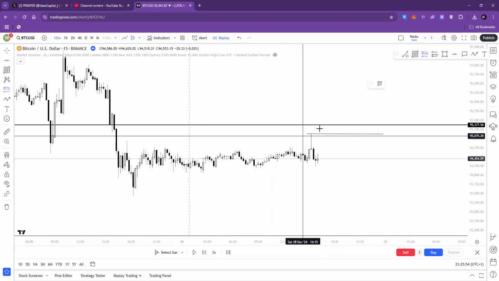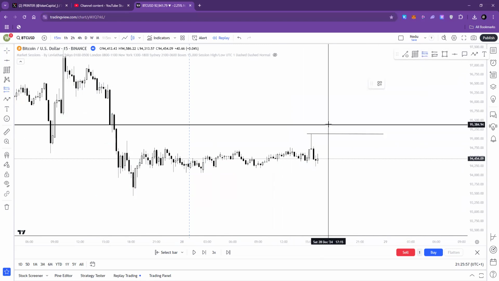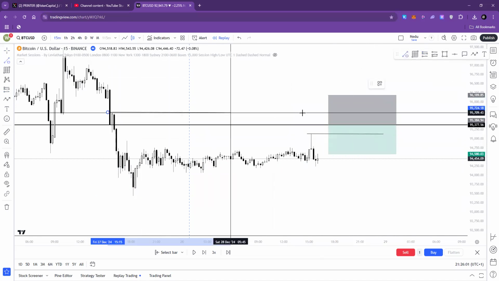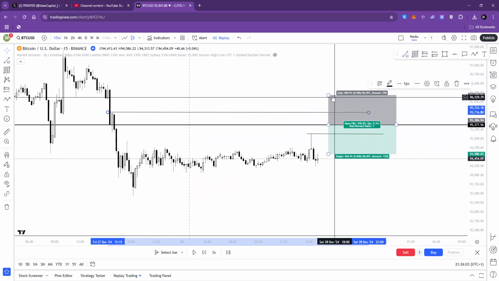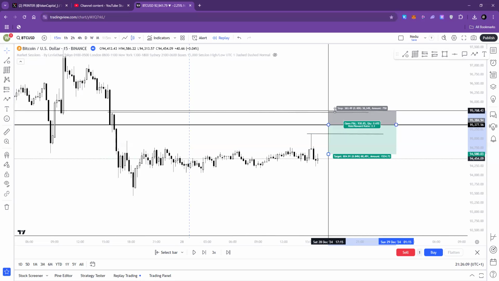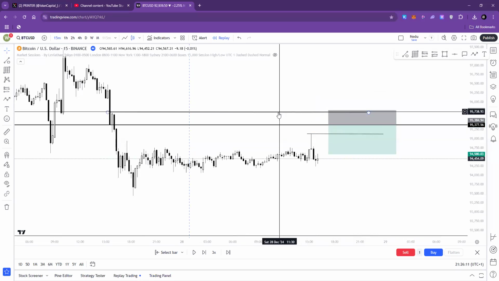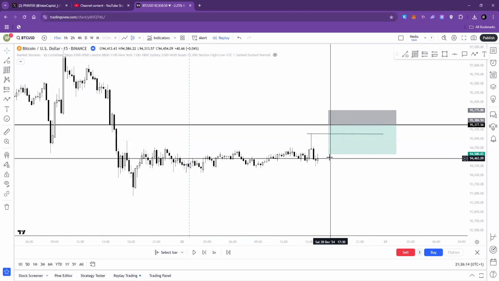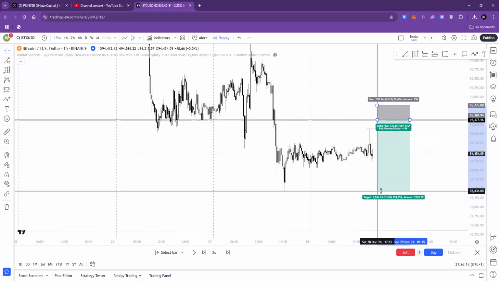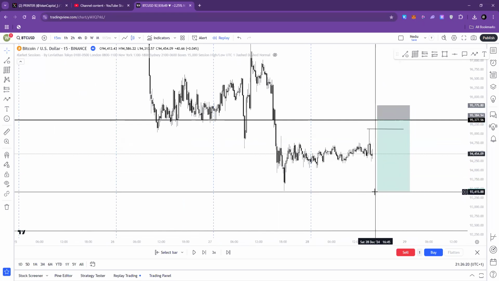And then I can take my sell directly right from here, and stop loss just above this high, to be safe. And then you can target this low, for a 5R trade.